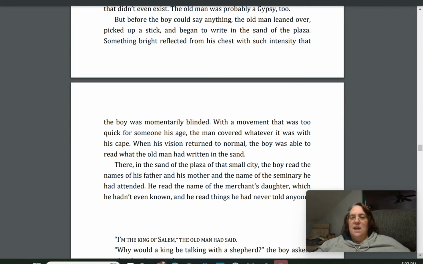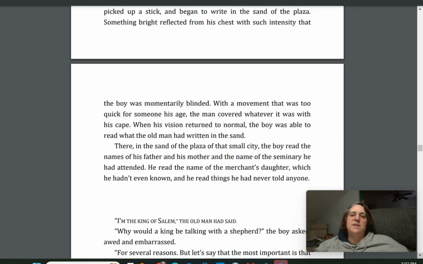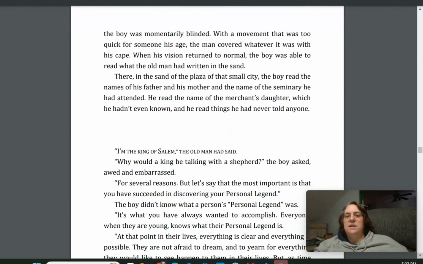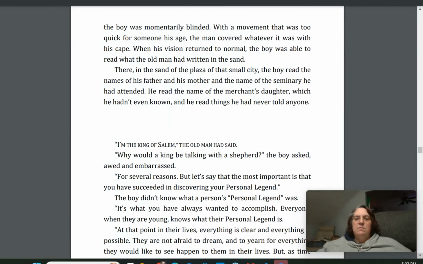Before the boy could say anything, the old man leaned over, picked up a stick, and began to write in the sand of the plaza. Something bright reflected from his chest with such intensity the boy was momentarily blinded. With a movement that was too quick for someone his age, the man covered whatever it was with his cape.